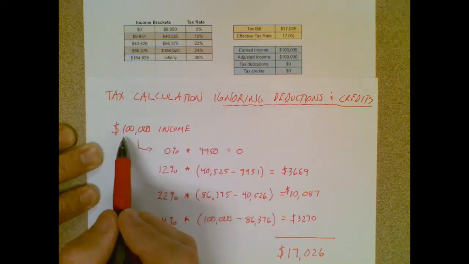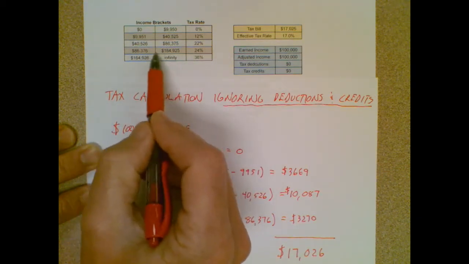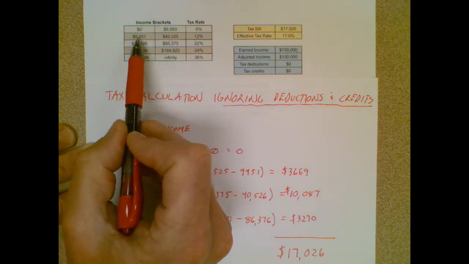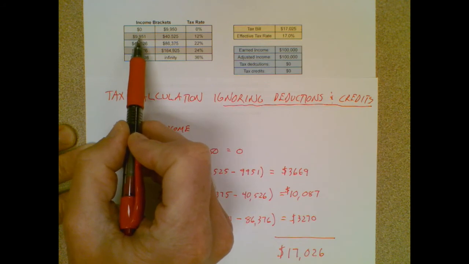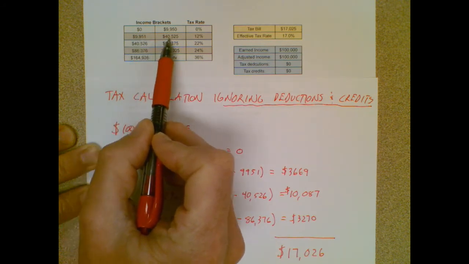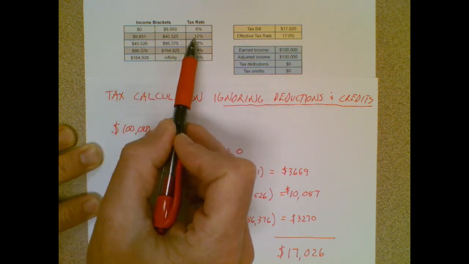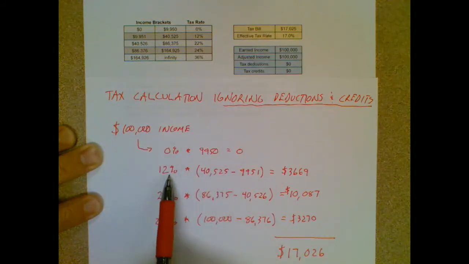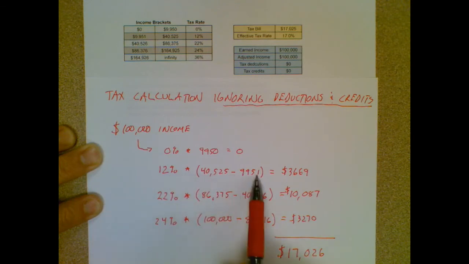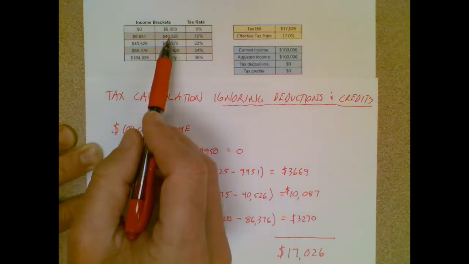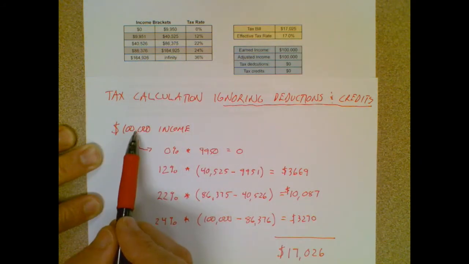But now you made $100,000, so you can't jump straight to this part of the tax bracket. Now what you do is you say this: all the dollars I earned between $9,951 and $40,525 are taxed at 12%. So 12% times every dollar in that range gives me $3,669 in my tax bill. But I still made more than $40,000 because I made $100,000.